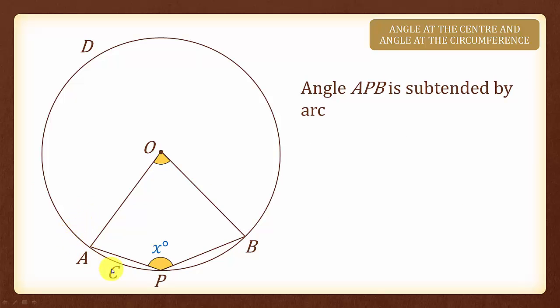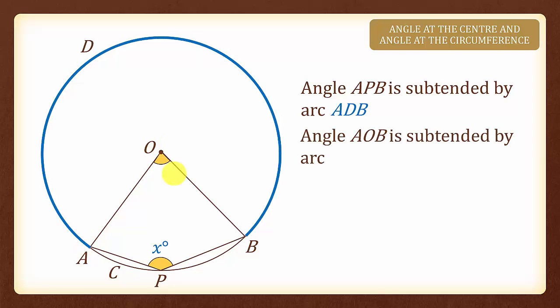Now, what happens if we shift point P all the way here to the bottom? Are the angle at the center and the angle at the circumference bounded by the same arc? Now, angle APB is subtended by the arc ADB here, whereas angle AOB is subtended by the arc ACB.